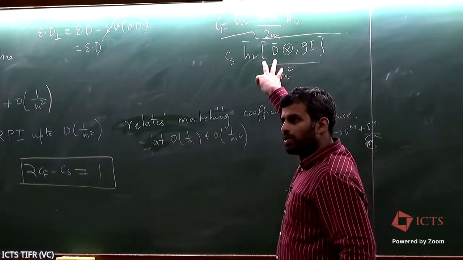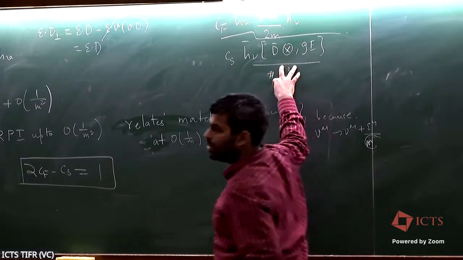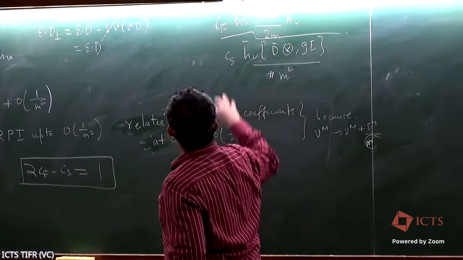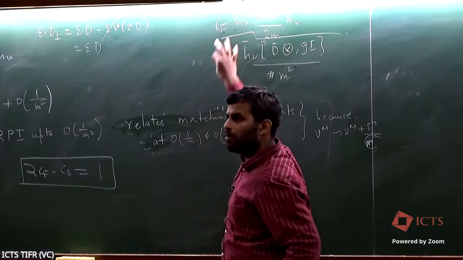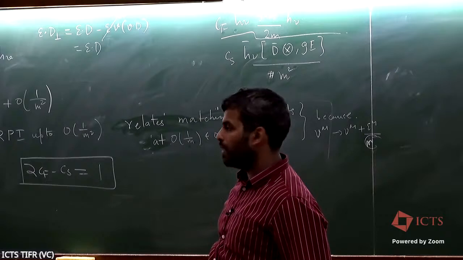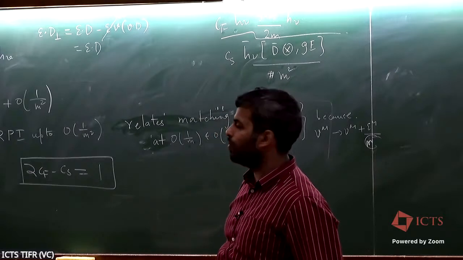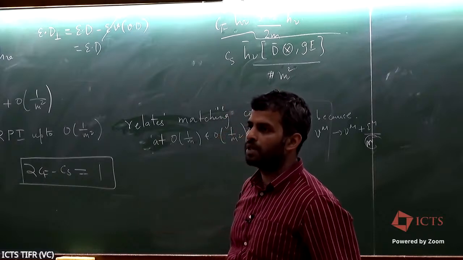So C_S was the coefficient in front of the 1 by m squared term, which was this term, B cross gE, if I remember correctly. And C_F was the coefficient of the spin dependent term. If I do the RPI up to order 1 over m squared, I get this relation. And any loop calculations I have to do always has to satisfy this constraint.